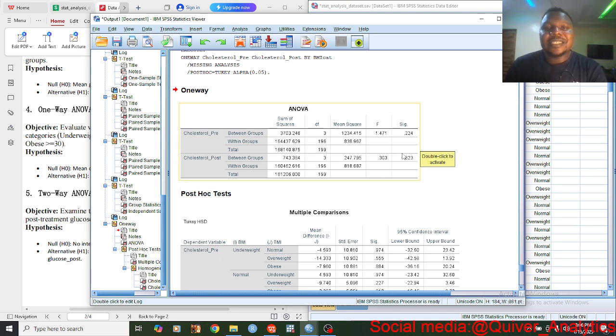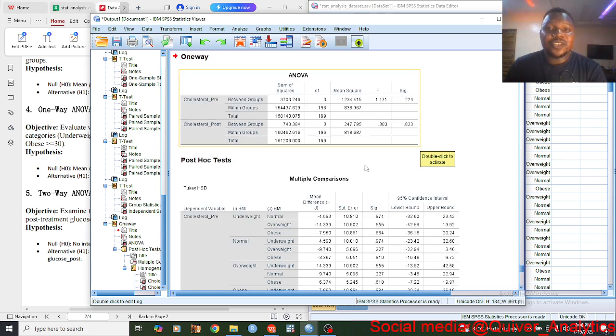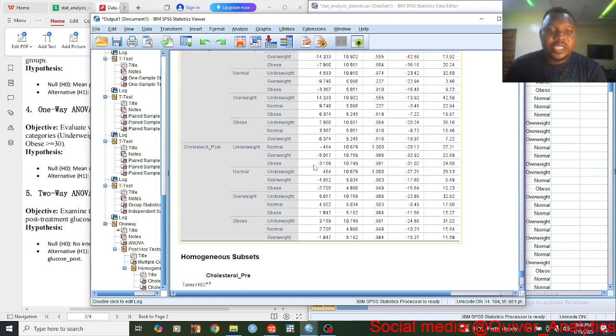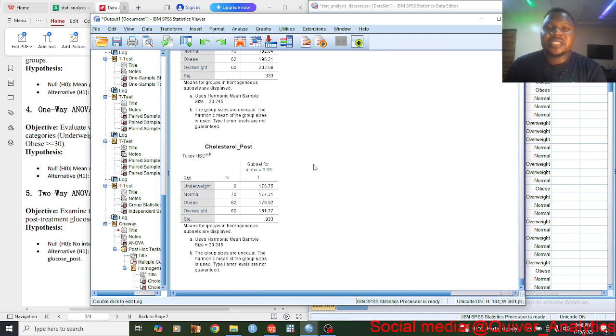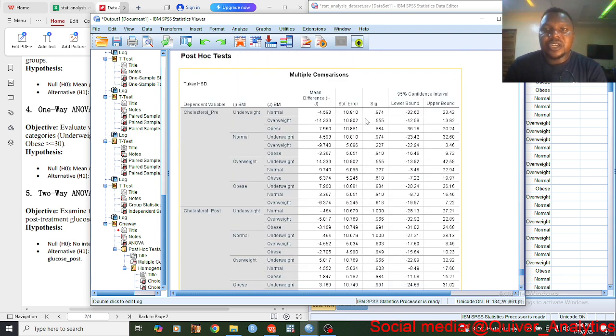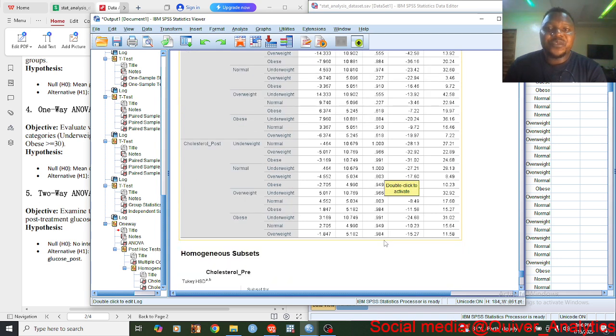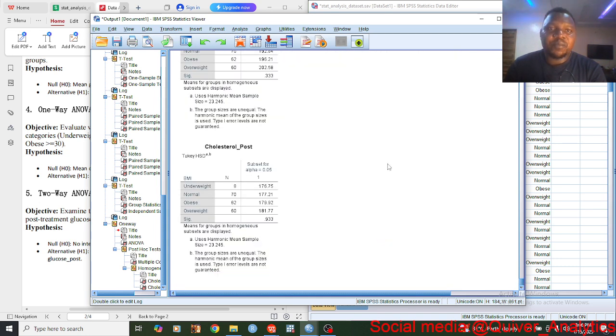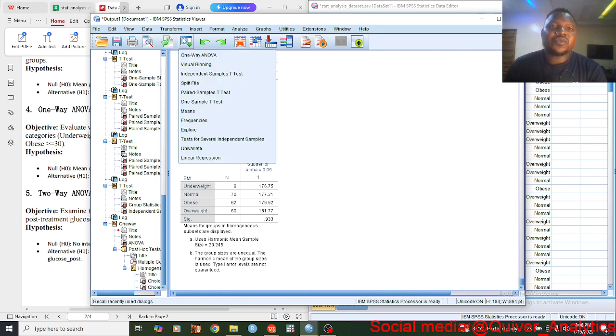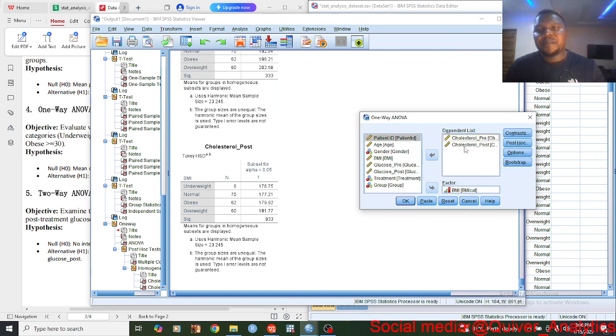Since these are not significant, we don't need the post hoc tests, because even there would be no significant differences among them. If we want significance, we should look at the glucose level.